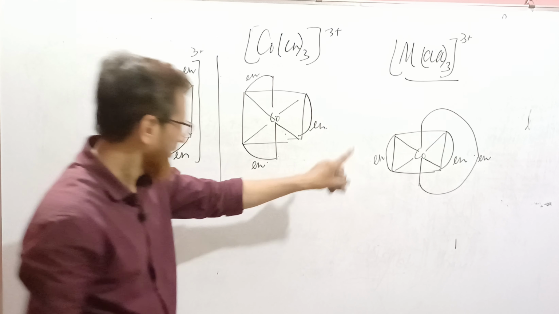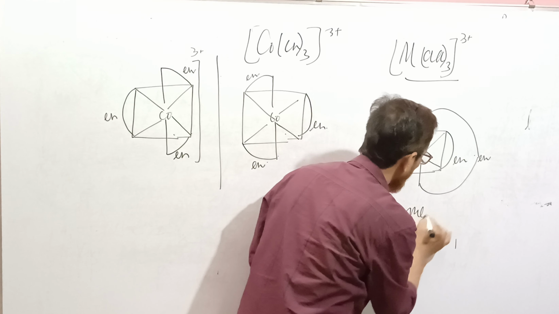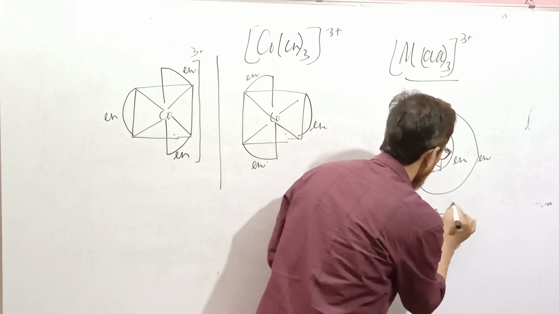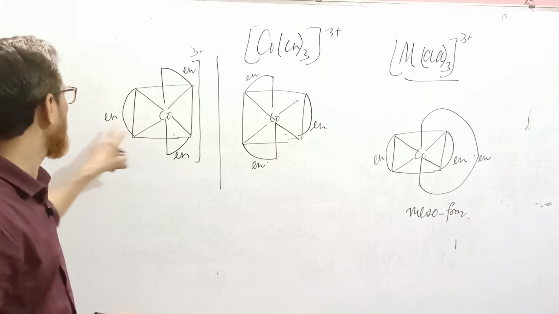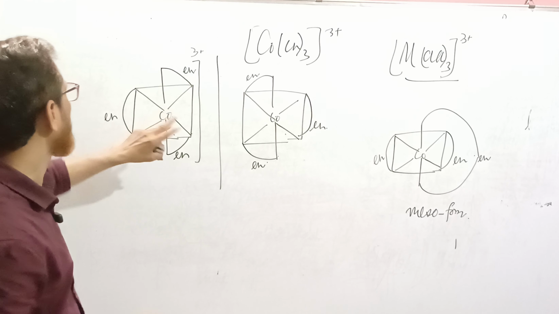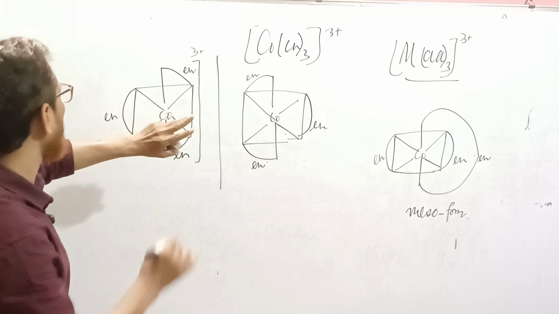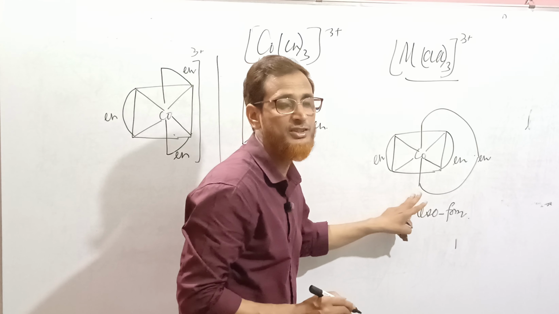I am showing you. This is the meso form. It will not show optical activity, but the tris en complex will show optical activity. Here that side is changed already. You have understood how I have done it. When I took the mirror, we got this side change. Now that structure may also exist in this way.